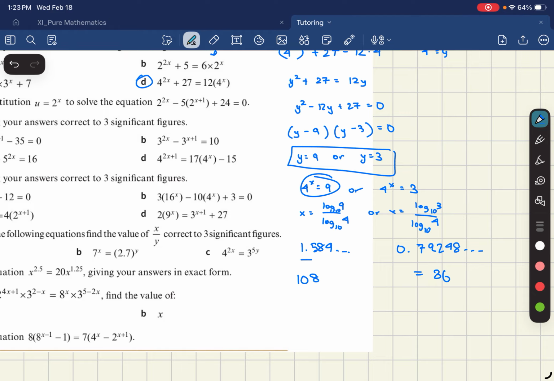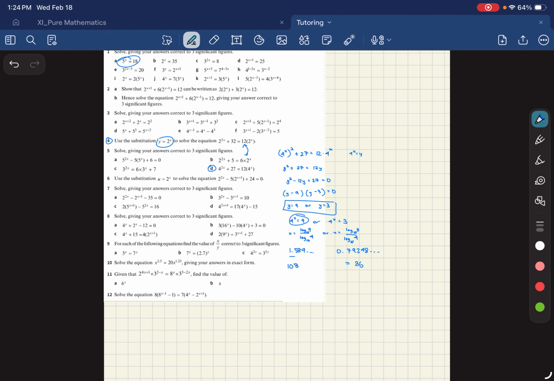So 12 times 4 to the power 1.584 gives me 108 on both sides. So you can solve it and then always go back to check.